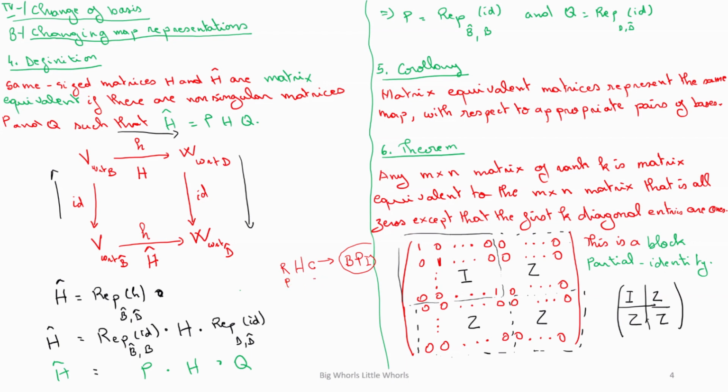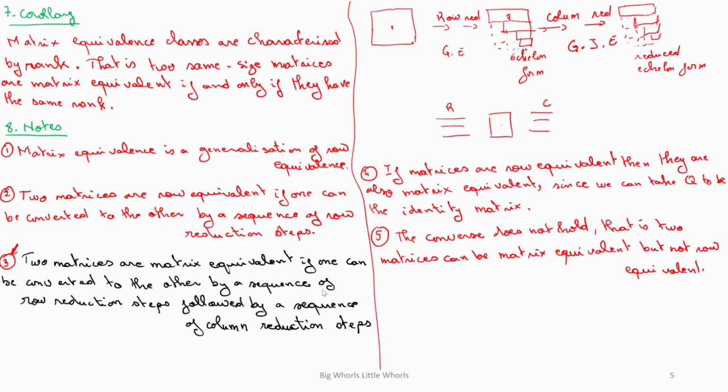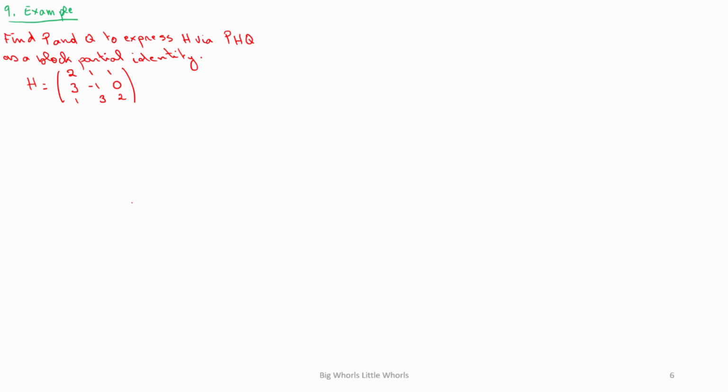So this is going to be P and Q. If we perform row reduction steps on H from the left, multiplying H from the left, all those elementary matrices multiplied together are going to give us our P. And if we perform column reductions on the right of H, all the elementary matrices we use to perform that column reduction will be multiplied together, and will be our Q. Is that okay? So this is what we are going to do today, okay?